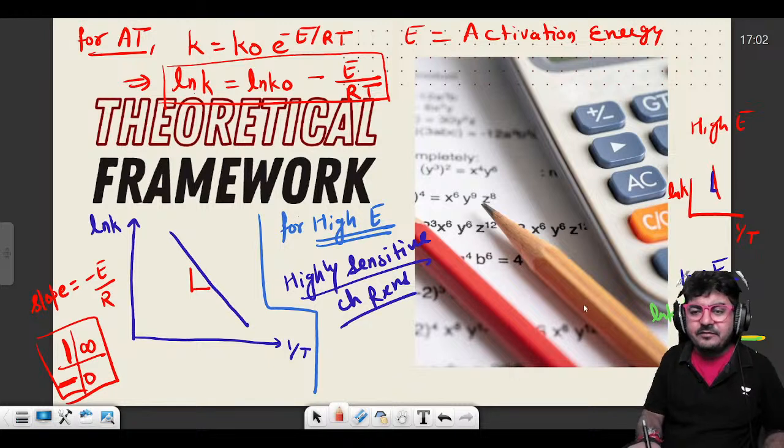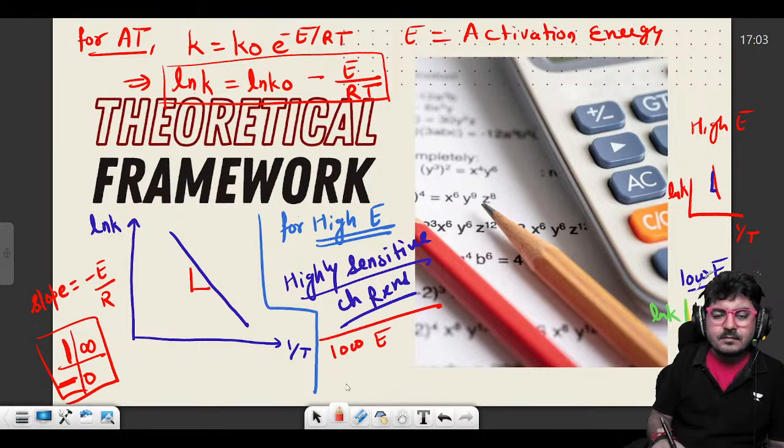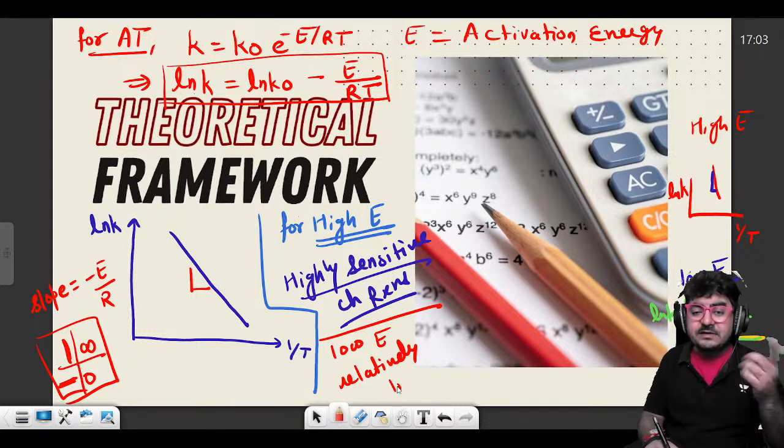So in that graph, you can see a very large change in temperature will be needed to make some significant change in K value. So such reactions are called relatively temperature insensitive reactions.